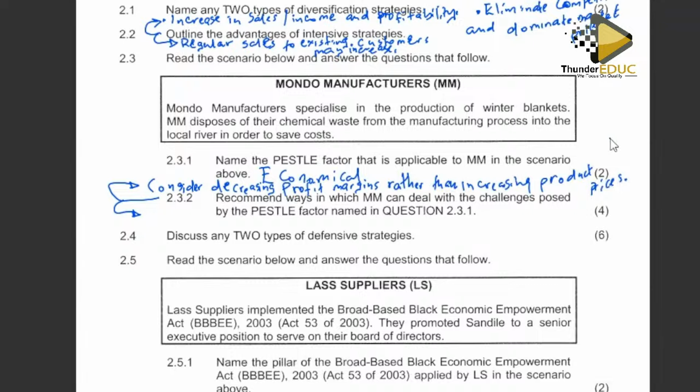Also, consider exchange rates when trading with other countries.